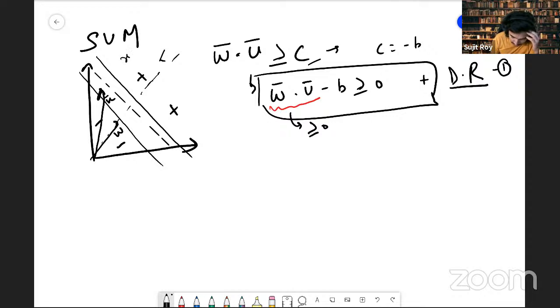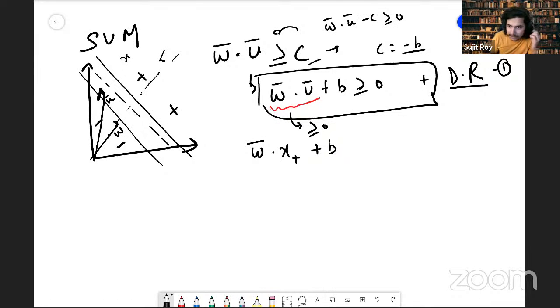For a positive sample, I can rewrite it again as W vector dot X for positive sample, and then plus B, sorry, this will be plus B, no? Because we have inserted minus B, so if you turn it like this, it will be minus C, so it is equal to 0. It's basic algebra that we're doing.